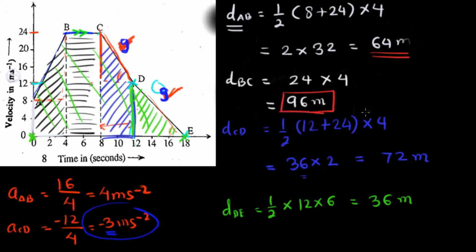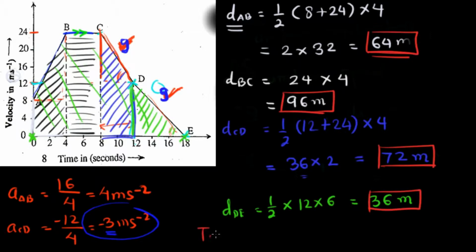So the total distance would be equal to 64 plus 96 plus 72 plus 36.